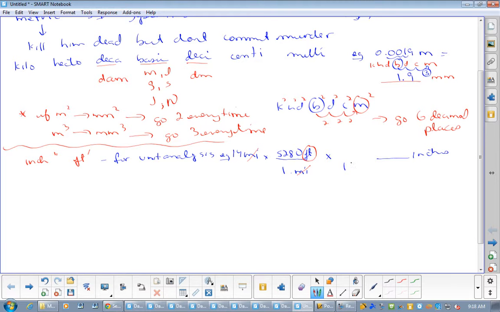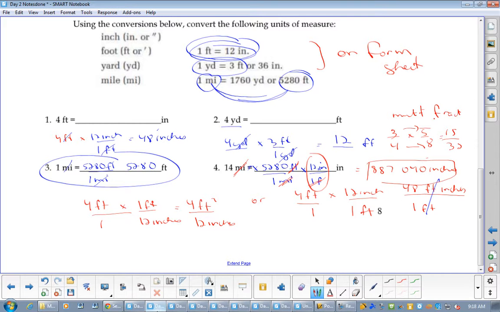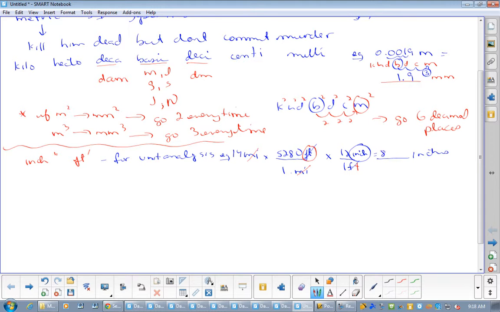So I would have 1 foot is 12 inches. And I would show feet cancel, and I would be left with inches. The answer is 887,040 inches.